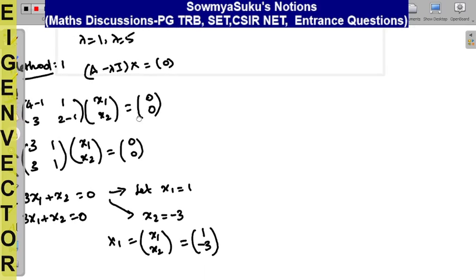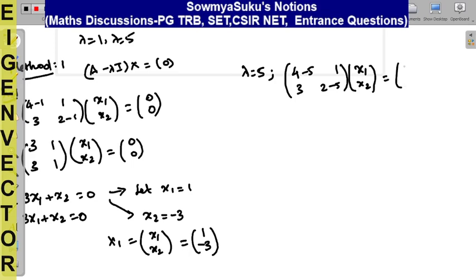Let's see the second eigenvector, lambda equal to 5. We use the same approach. With lambda equal to 5, we have 4 minus 5, 1, 3, 2 minus 5, times x1, x2, equals 0, 0. That gives minus 1, 1, 3, minus 3, times x1, x2, equals 0, 0.